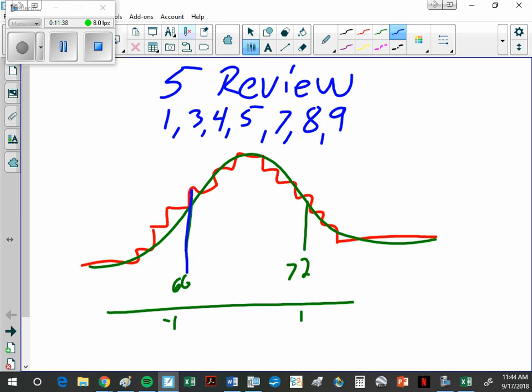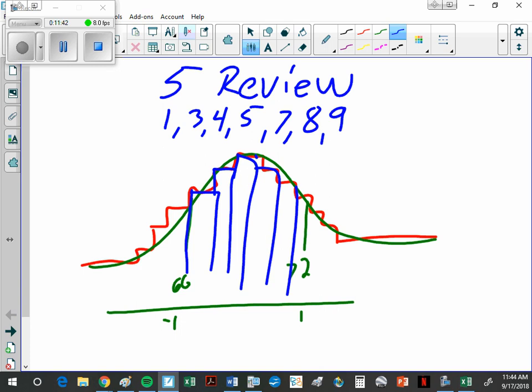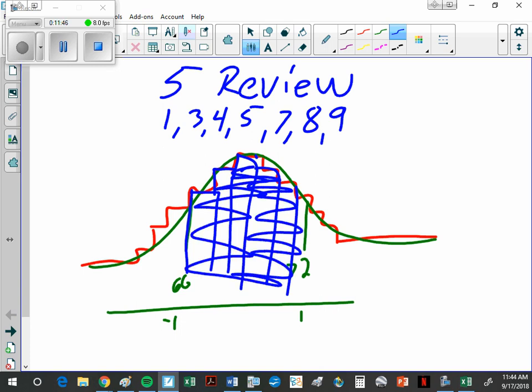So if we add up the actual boxes, the true area is exactly equal to the boxes, but it's approximately equal to the normal curve. So I misunderstood that question when I read it. Okay. Oh, don't erase it. You're fine.